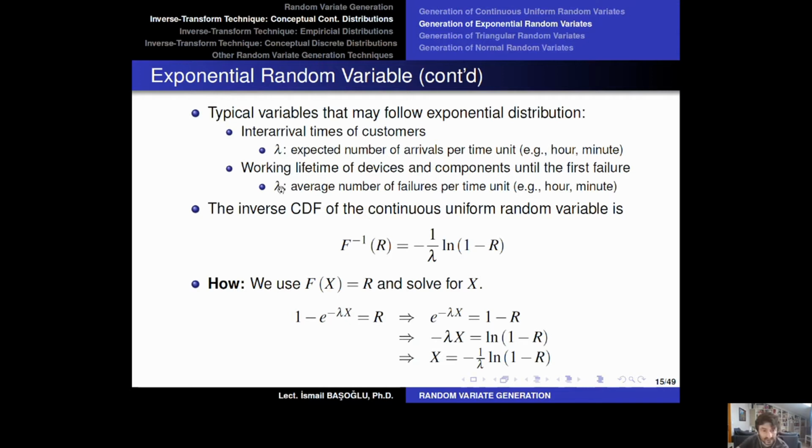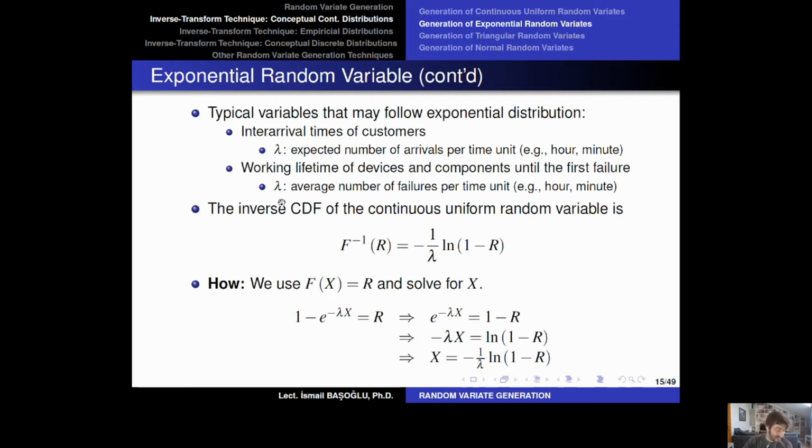In the second example, the rate parameter lambda is going to be the average number of failures per time unit. For example, if the expected lifetime of a computer is 5 years and it is exponentially distributed, the average number of failures per year is going to be 1/5. So the rate parameter is going to be 1/5.